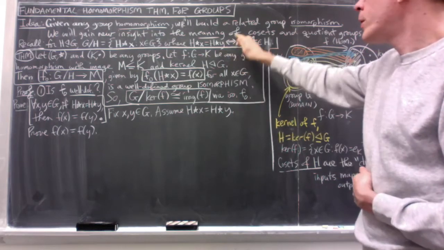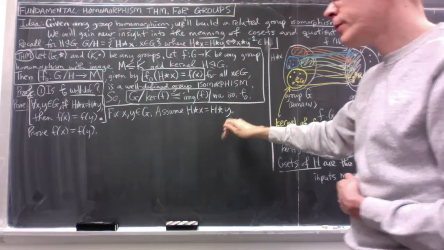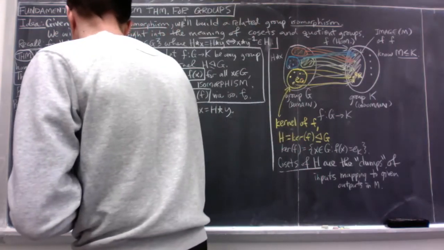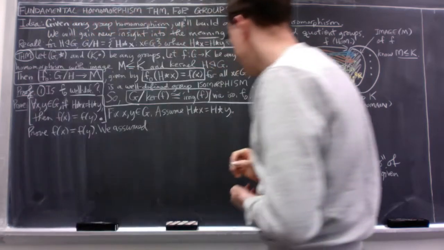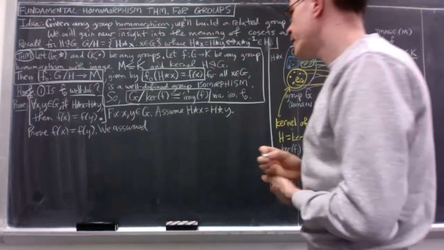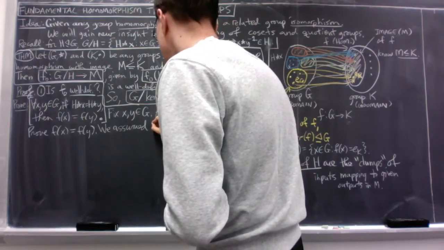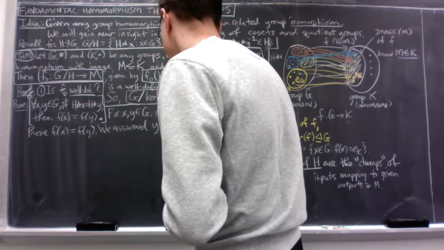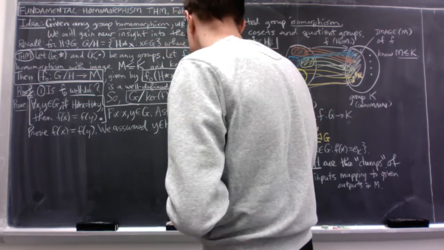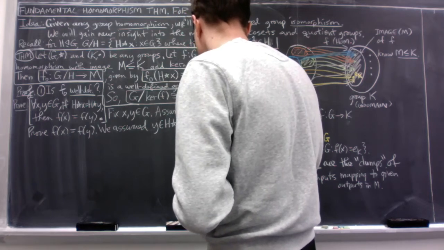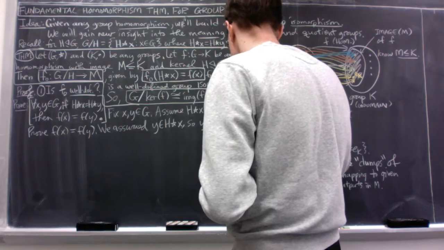I wrote down one of the conditions in the right coset equality theorem, but here it might be easier to use one of the other conditions. So if H star x is equal to H star y, then you could say that y is in H star x, which in turn means that y equals little h star little x for some h in H.